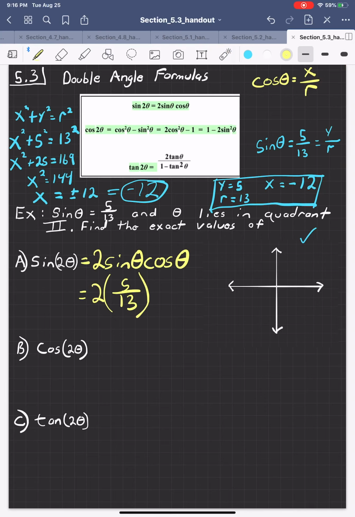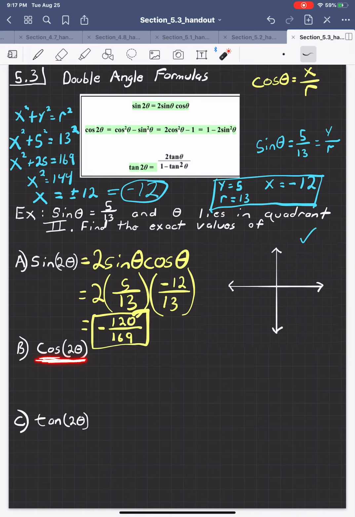So I can rewrite this as -12 over 13. And there's nothing left to do except let our calculator do the heavy lifting and multiply all that out. The result is -120 over 169. That's the exact value. No decimals, right?